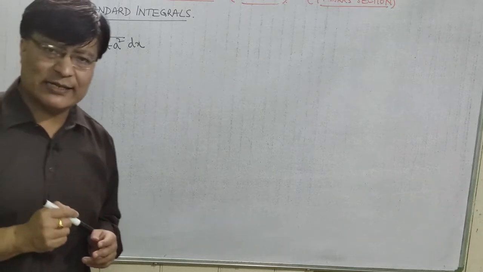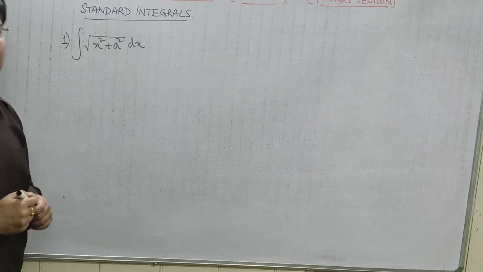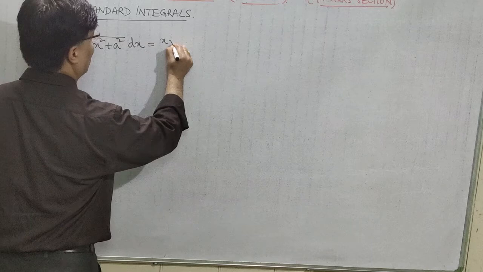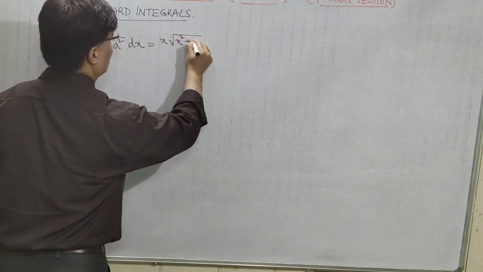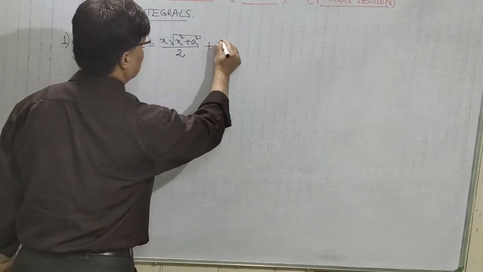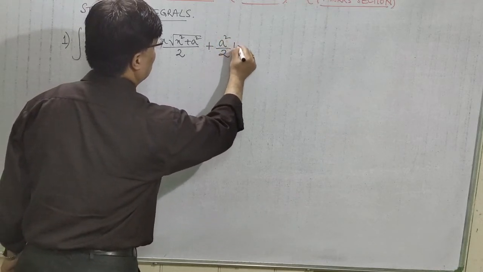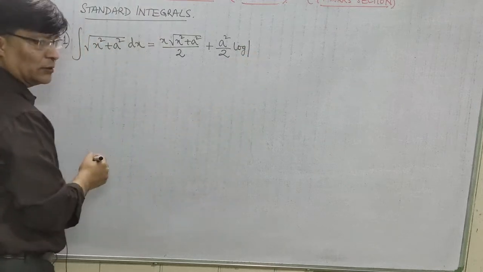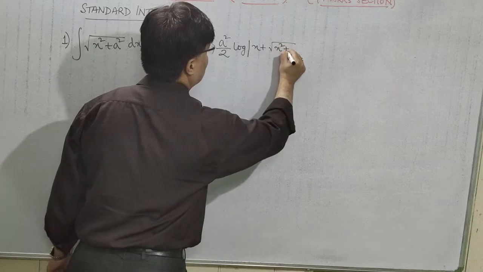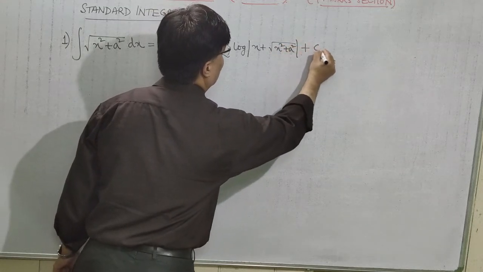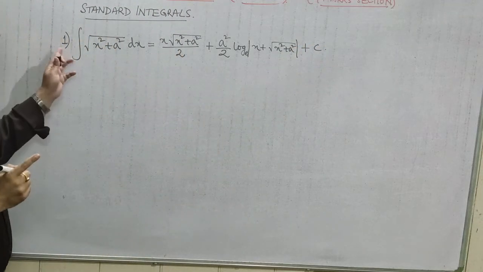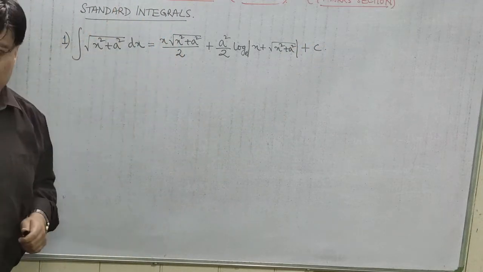There is a formula, which is equal to x root over x square plus a square by 2 plus a square by 2 log within mod, x plus root over x square plus a square, mod sign closed, the base is e, then plus c. So this is the first standard integral in integration by parts.